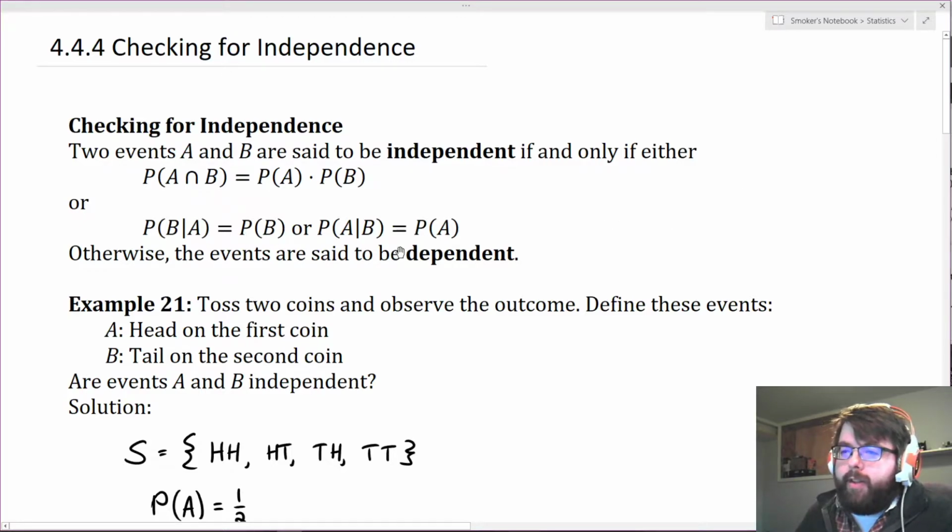I don't know if that made sense, but the thing is that we need to be able to test for independence given some statistics. So let's look at some examples, and if that didn't make sense, hopefully these examples help. We're tossing 2 coins. The whole sample space of tossing 2 coins will be heads heads, heads tails, tails heads, tails tails. There's four possibilities.